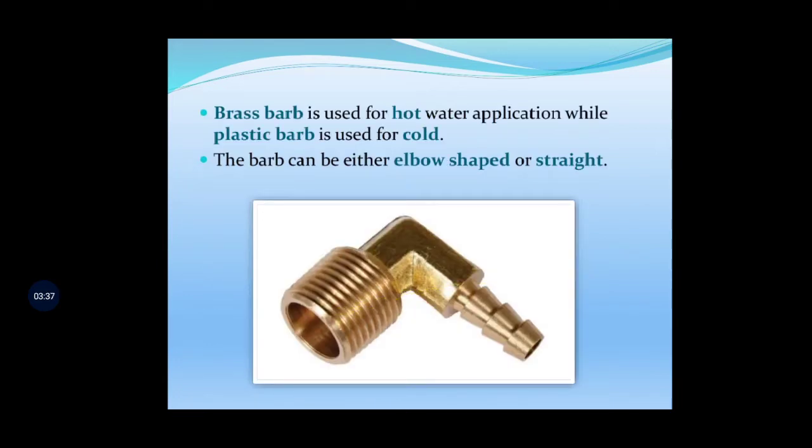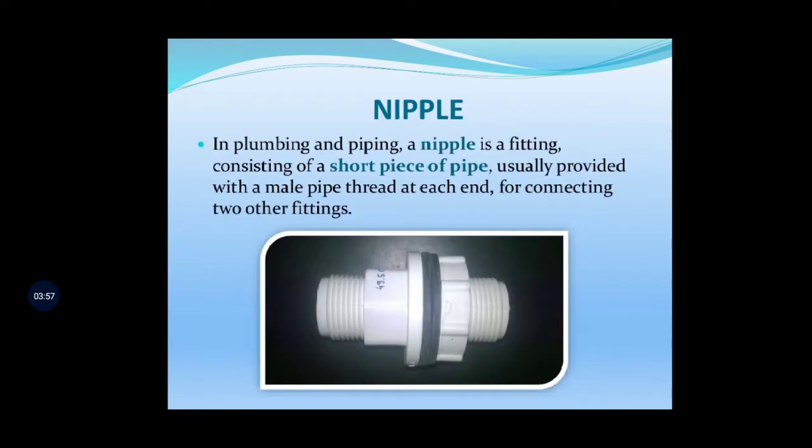So you can see this one: one end you can insert, and on the other end you can take the outlet or inlet. Brass barb is used for hot water applications, while plastic barb is used for cold. The barb can be either elbow shaped or straight, depending.